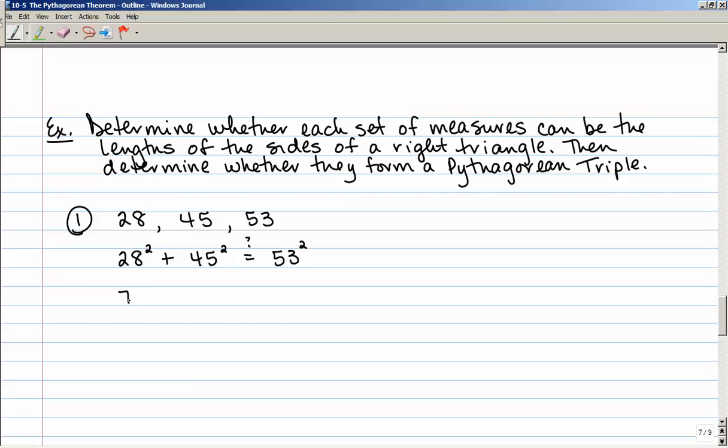28 squared is 784. 45 squared is 2025. Is that equal to 53 squared, which is 2809? And when I add the first two numbers, yes, they do add up to 2809.